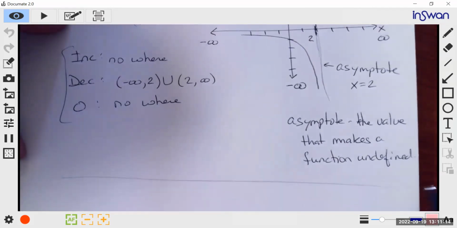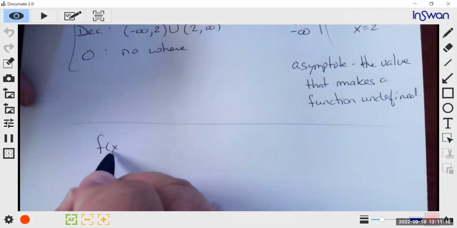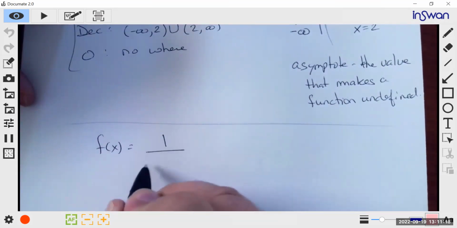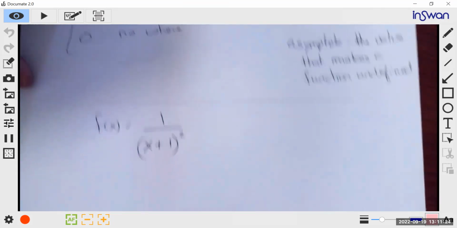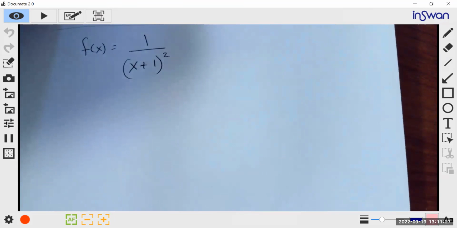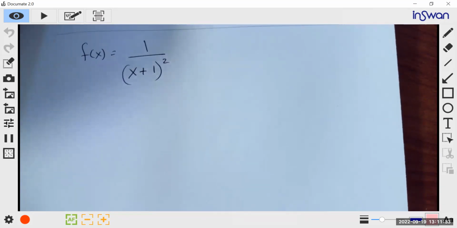Okay, let's look at another fraction function, a rational function. One over x plus 1 squared. No, you can't distribute it because there's a plus and minus sign.